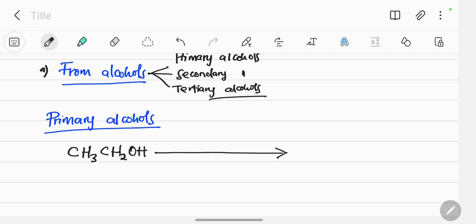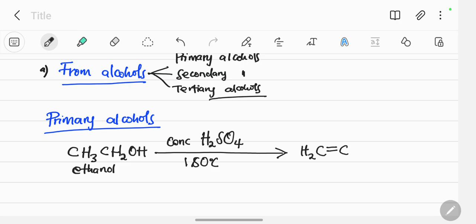So from ethanol, when you add in concentrated sulfuric acid at 180 degrees Celsius, you're going to form ethene, CH2=CH2, plus water.